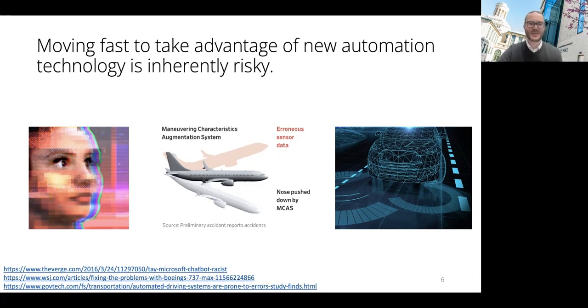We have the Boeing 737 MAX issues, a canonical case of failure in automation. And there's lots of research being done in automated driving systems to account for the issues that we see there. So automation has the potential to cause issues. It's risky.